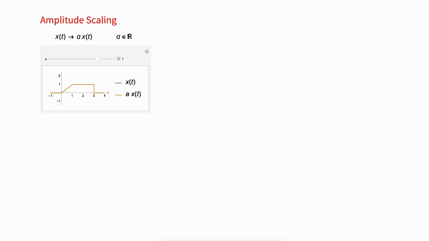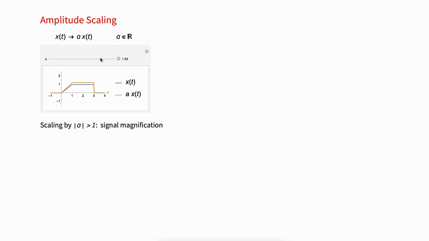Using this object, we can see how a times x of t changes compared to x of t for different values of the scaling parameter a. Starting with a equal to 1, obviously the signal has not changed when you multiply it by 1. If we increase the value of a, we get signal magnification. The amplitude of the signal gets larger.